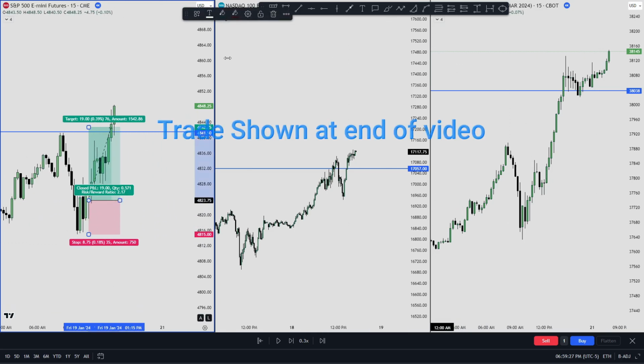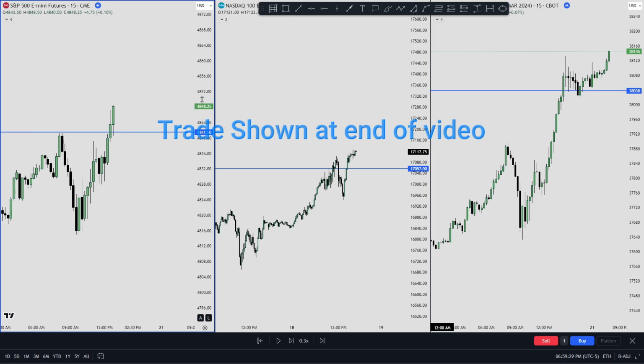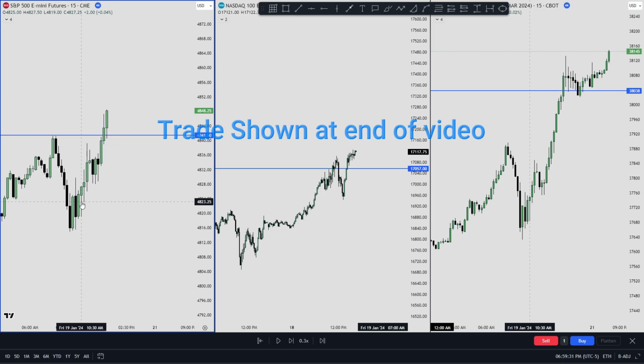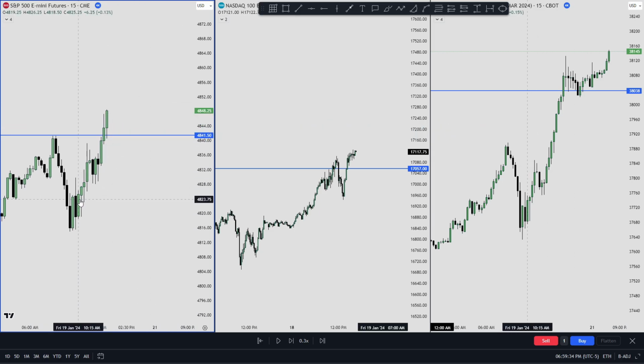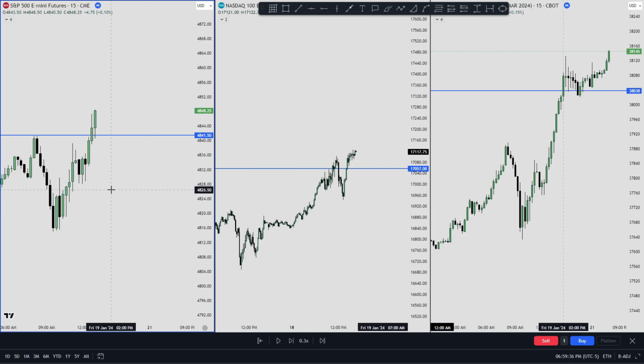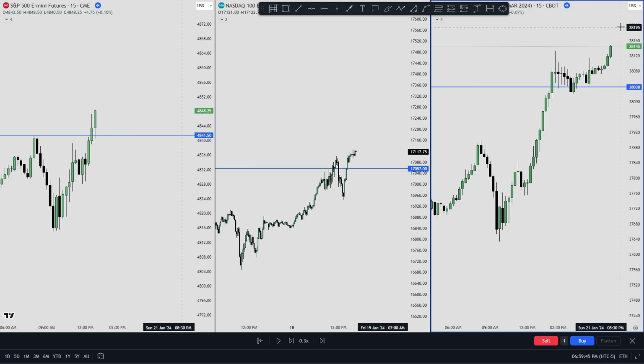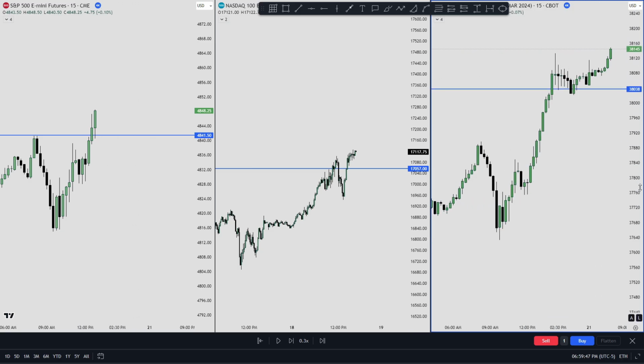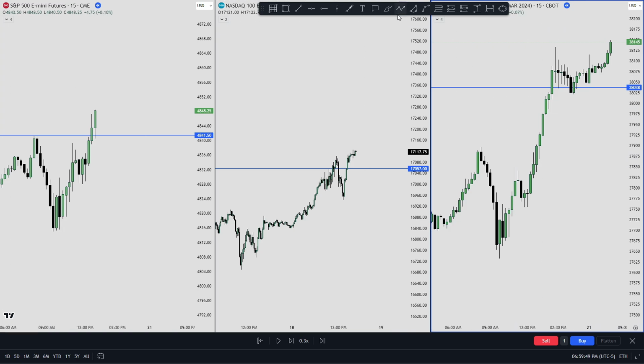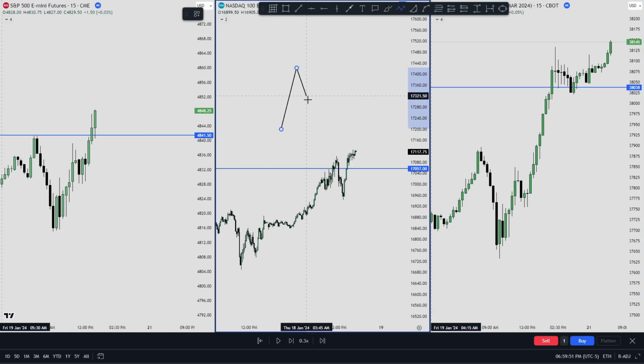So this was a trade that I did take. This is just a rough draft of it, but I did take longs on this day on Friday, targeting that high of week, because we already know NASDAQ took out that high of week. ES is going to want to take out that high of week, as well as Dow Jones is going to want to also push higher and take out that high of week as well. So my understanding is NASDAQ, we've already had confirmation going higher.